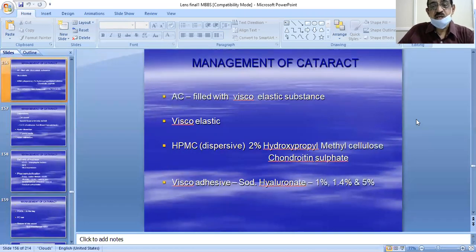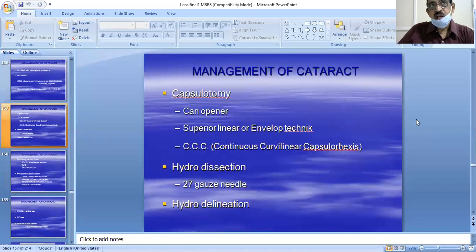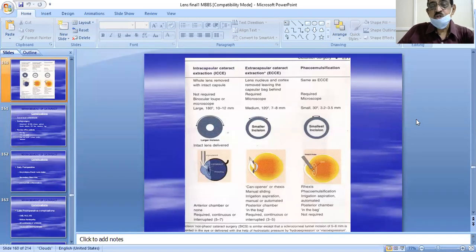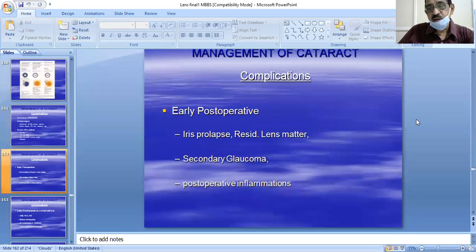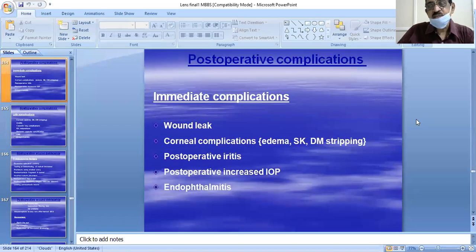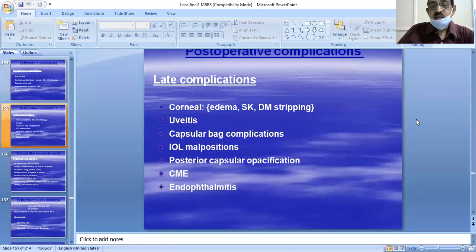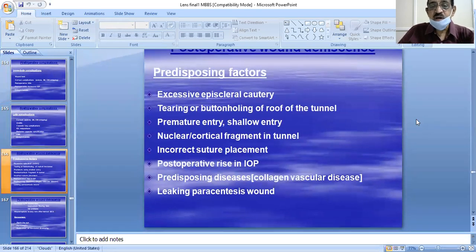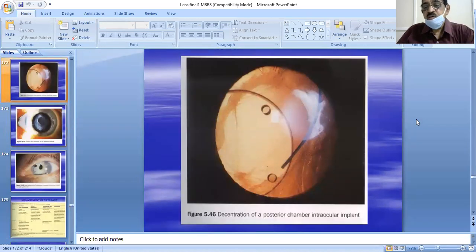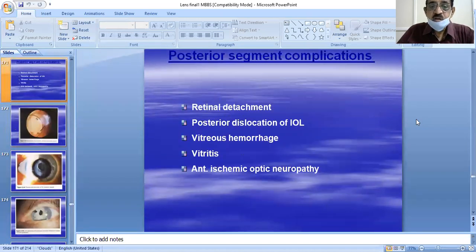There is no posterior capsule to put in a posterior chamber IOL. Okay. In such conditions, we used to rehabilitate the patient in the postoperative period with aphakic glasses or contact lenses. The problems with the aphakic glasses I have already mentioned to you people.